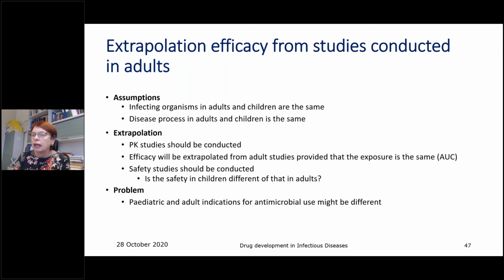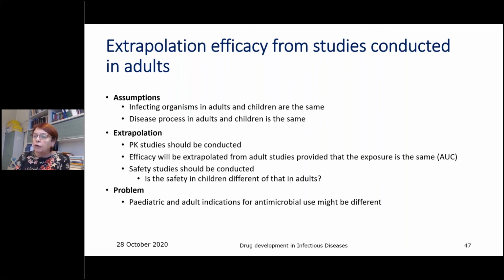This is often the case in the field of infectious diseases, not necessarily in other fields. In that case, we need to do PK studies in children, because PK is always going to be very different, especially in neonates or smaller children, and maybe not necessarily in adolescents, but it is agent dependent.